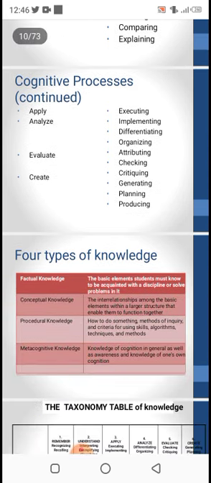We have 4 types of knowledge: factual knowledge, conceptual knowledge, procedural knowledge, and metacognitive knowledge. What is factual knowledge?